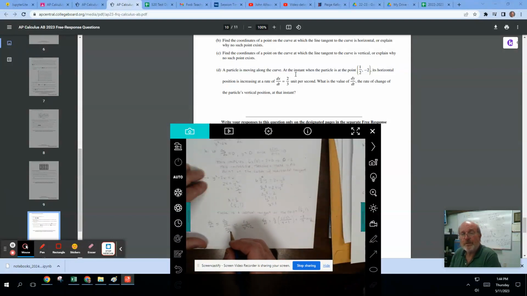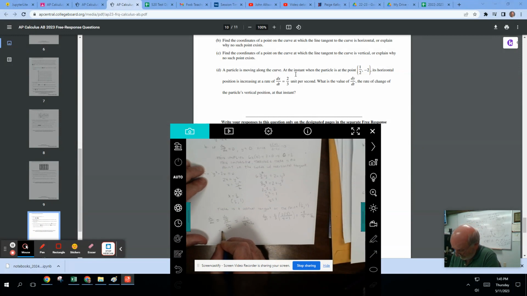So the rate of change of the particle's vertical position at the point (1/2, negative 2) is negative 8/9 units per second.